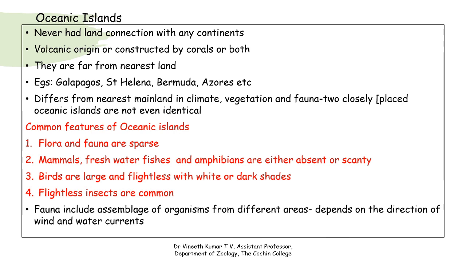There are certain common features for oceanic islands: the flora and fauna will be sparse, because they didn't have any connection with the mainland.